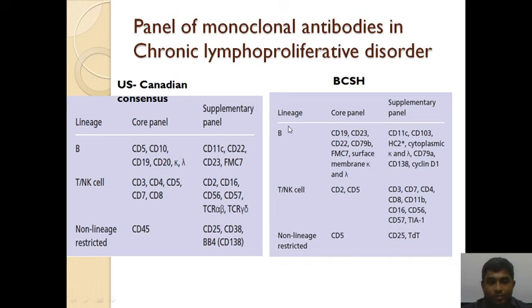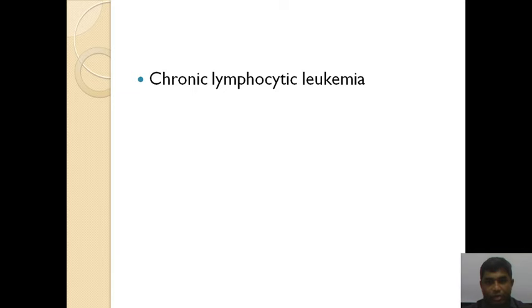For B lineage identification, we need CD19, 23, 22, surface kappa and lambda, and for T we need T surface markers, CD3, CD7, 4, 8, and CD15 and 56 for NK cells, etc. So we will see when we look at each category how we identify a particular subcategory and how we differentiate that particular category. So we'll start with the B CLPDs first.